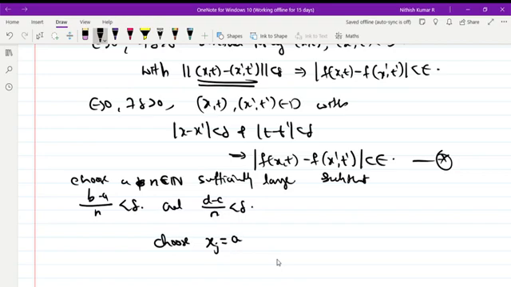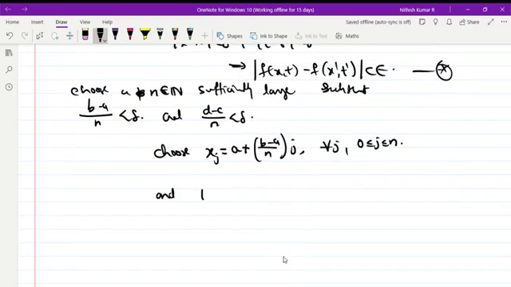Now choose x_j equal to a plus (b minus a) divided by n into j, for all j with 0 less than or equal to j less than or equal to n, and t_k equal to c plus (d minus c) divided by n into k, for all k with 0 less than or equal to k less than or equal to n.